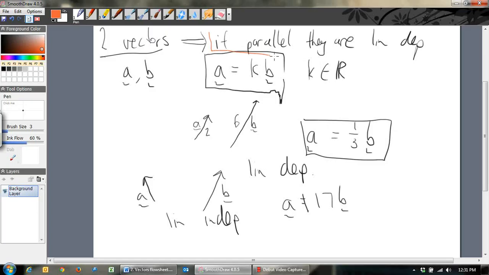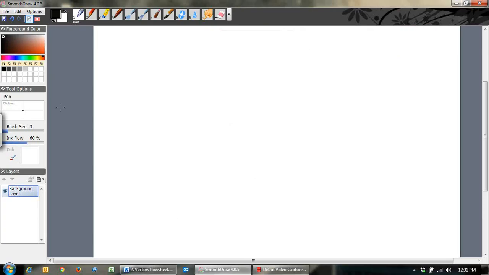So that's a really simple example. Hopefully that makes sense. If they're parallel, they're linearly dependent. If they're not parallel, they're linearly independent. Let's have a look at the more confusing example of when we've got three vectors.